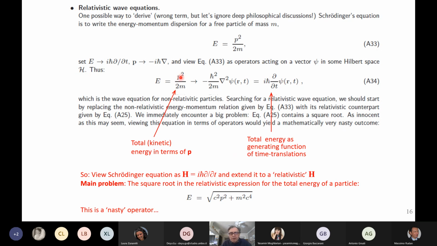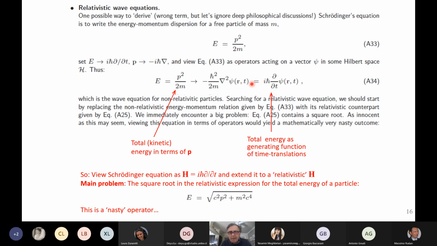And so you set p squared divided by 2m. This is for a particle in free space, no potential. If p becomes the generating function for translation in space, this becomes the Laplacian, and this is equal to the translation in time. So essentially, we're starting from the non-relativistic expression of the energy, writing it in terms of either, as I said, translation in space or translation in time, and this gives the Schrödinger equation.